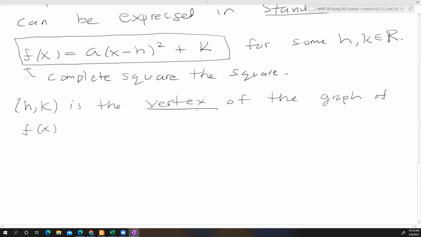So h and k give us the point at which that parabola opens up, in a sense.